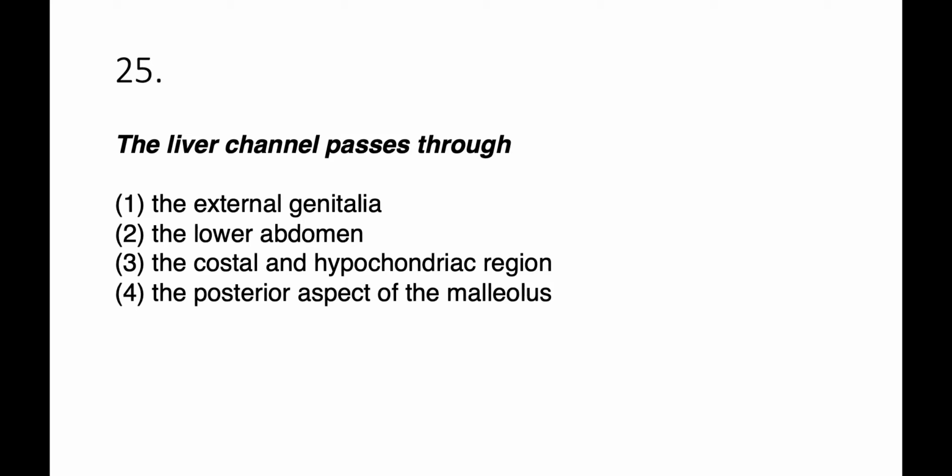The liver channel passes through the genitalia, the lower abdomen, the costal and hypochondrial region, the posterior aspect, malleolus. What's your answer?